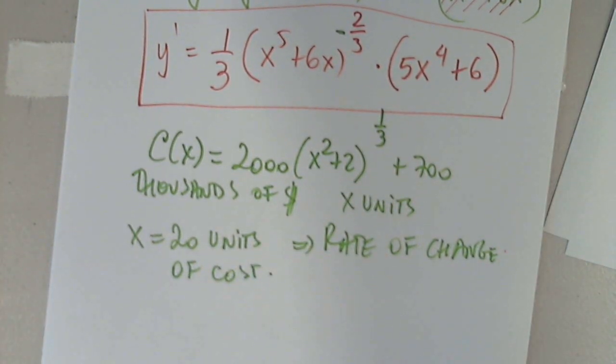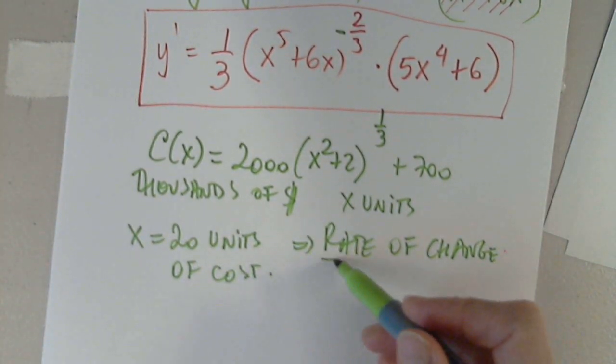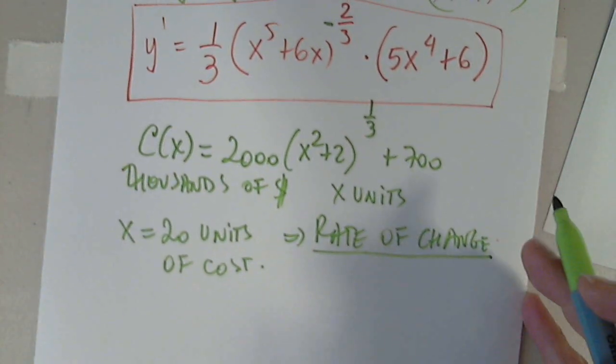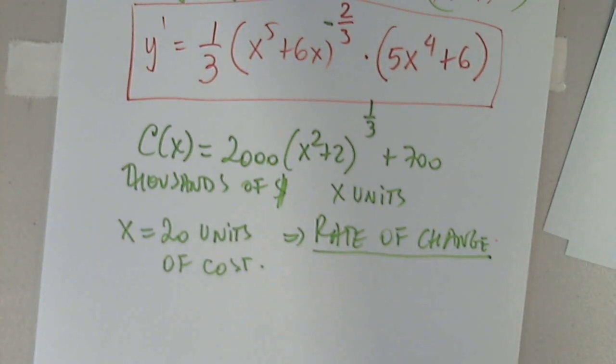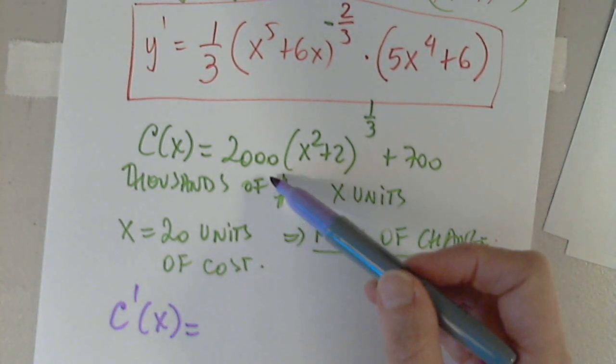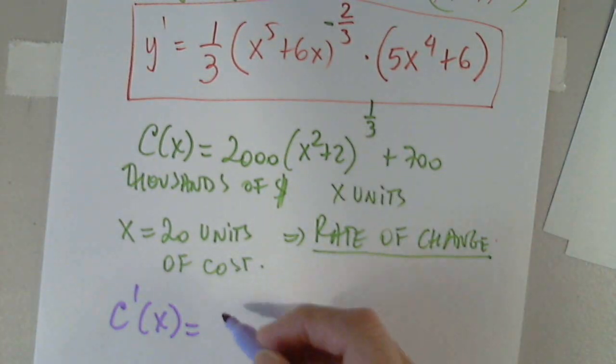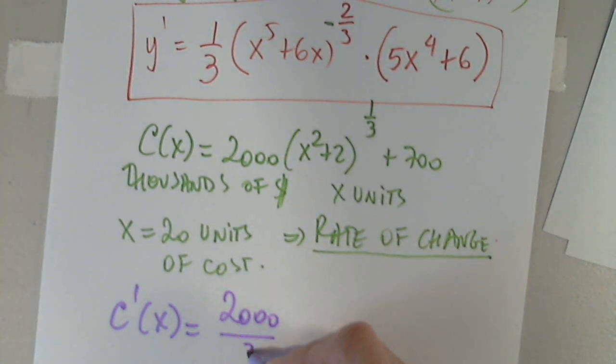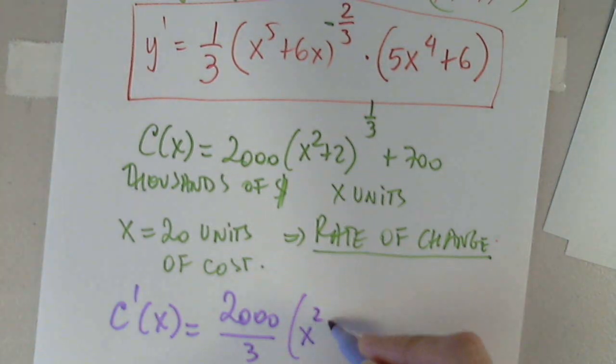When 20 are produced. So in order to find the rate of change, what do I have to find? We have to find C prime. So 2000 multiplied by 1/3 is 2000 over 3, times (x squared plus 2).